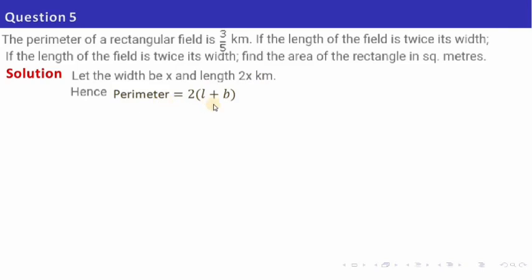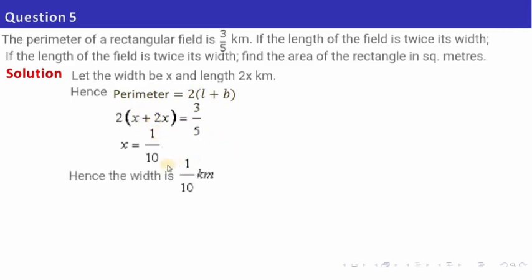All of you know perimeter is 2 into L plus B. This is the formula, L plus W, or you can write L plus B. B is x and L is 2x, so you put the values of L and B. This is given as 3 by 5. From here, if you calculate, x turns out to be 1 by 10.